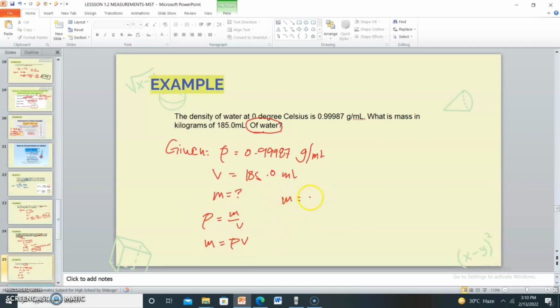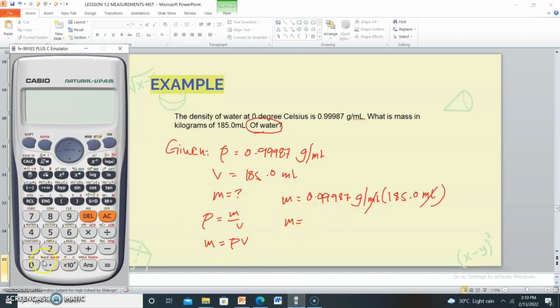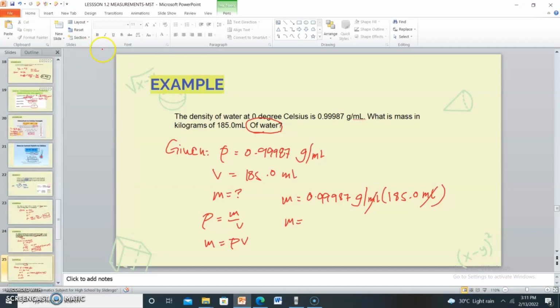The mass equals density, which is 0.99987 gram per ml, times 185 ml. Cancel out the ml, so gram is left. 0.99987 times 185 equals 184.97, or round it off to 185 grams.